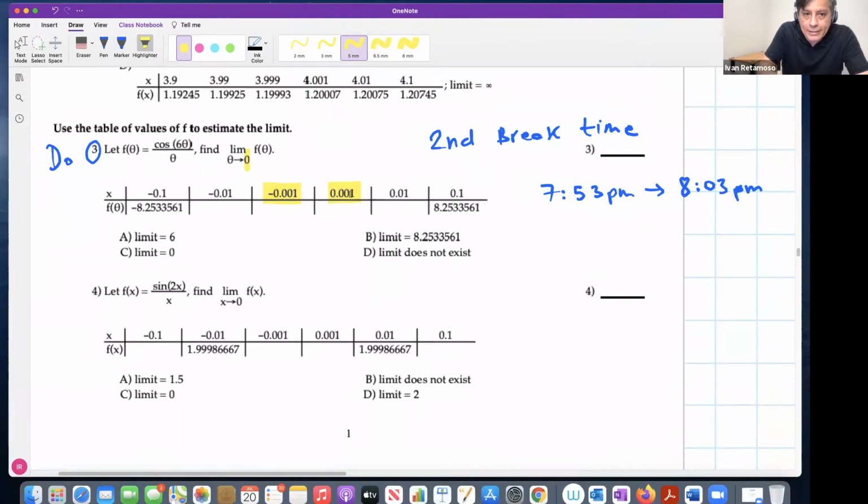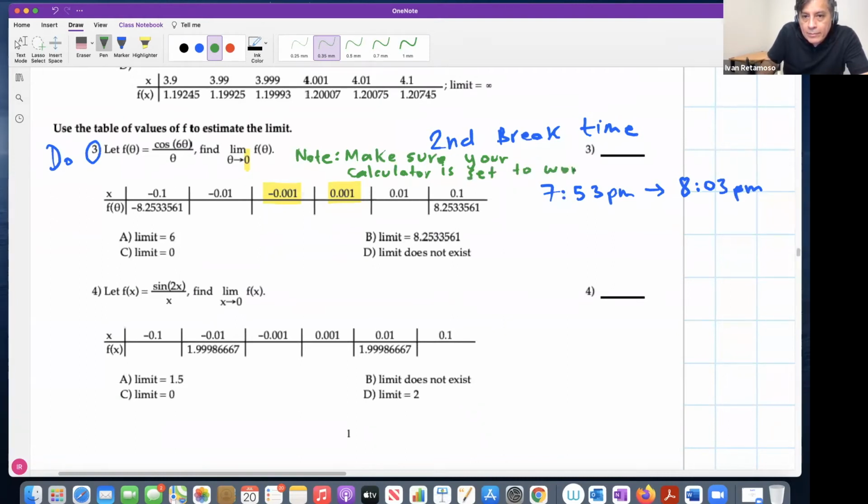Don't forget, in radians. Maybe I should write a note here: make sure your calculator is set to work in radians. It's tricky, the question, right? But doable to work in radians.